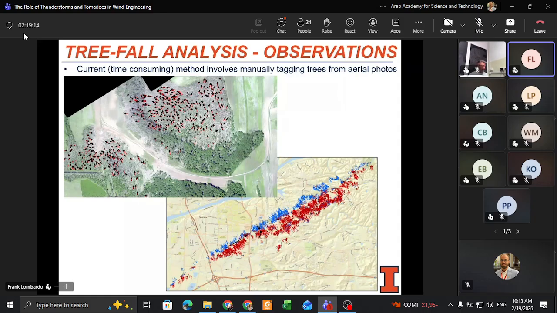There are some methods now using machine learning and artificial intelligence to try to identify a tree in the image and also give it a direction. There's still a lot of work to be done there, especially in areas of forest where everything looks the same or similar.